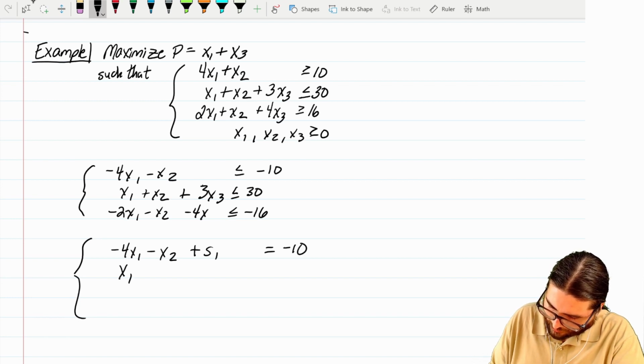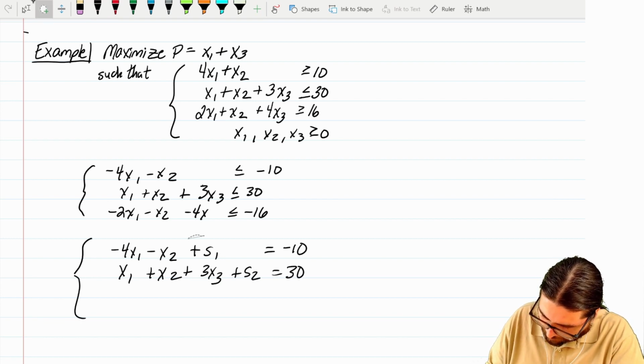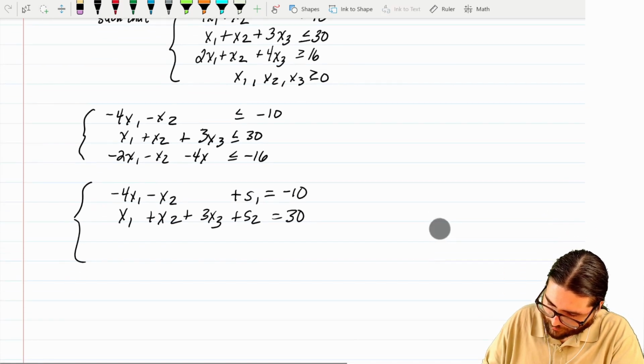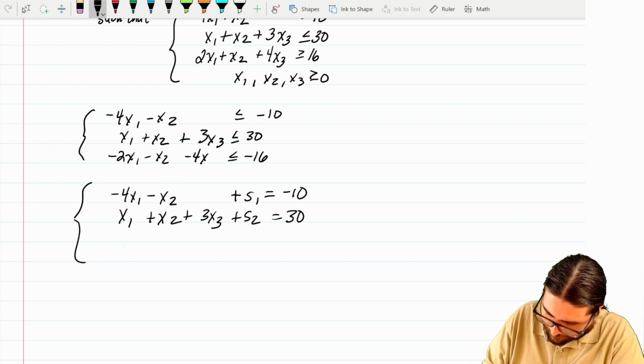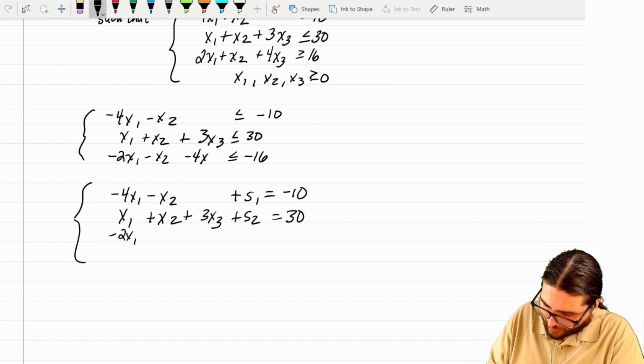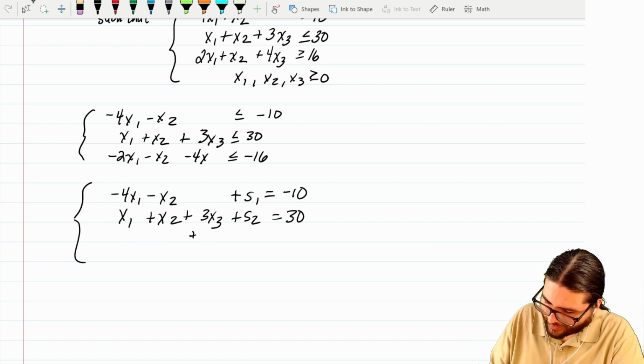Do the same thing in inequality number 2. I'll go ahead and move over that slack variable. That way we can kind of see the matrix forming. Do it for the third inequality. Oh, leave it to me to copy down the wrong one.